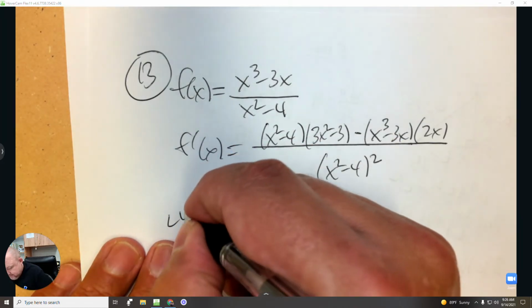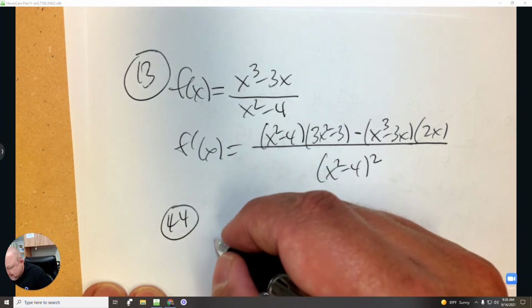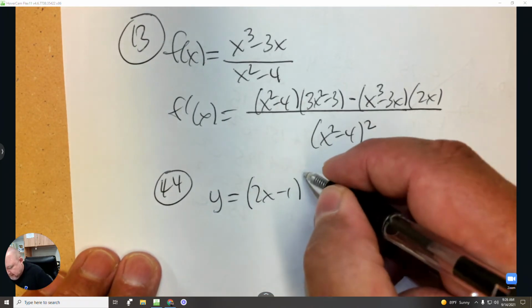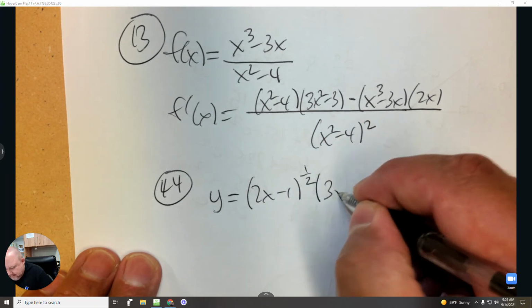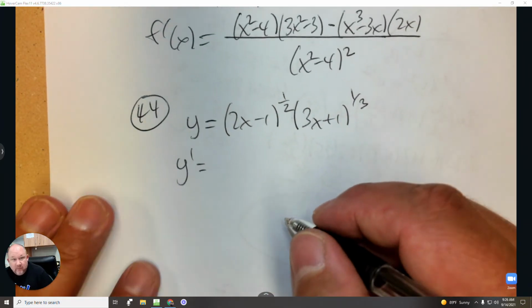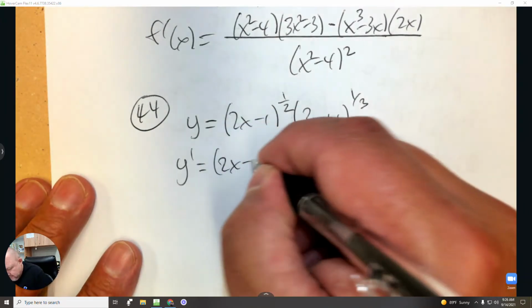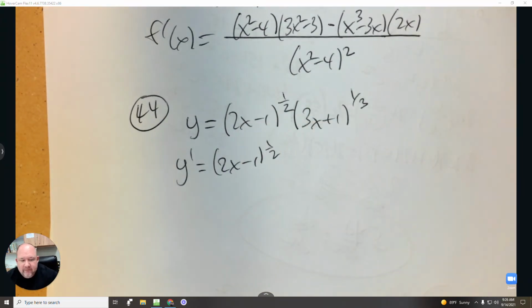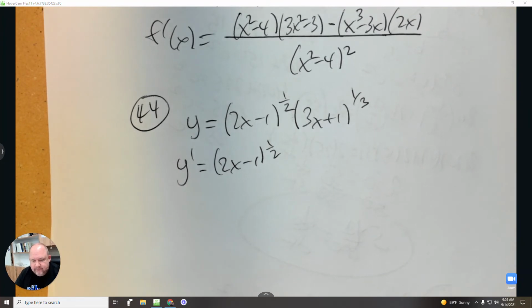Number 14. I'm going to write that calculus friendly. That's (2x subtract 1) to the half, (3x plus 1) to the third. This is going to be the product rule. What's the product rule? The first times the derivative of the second.